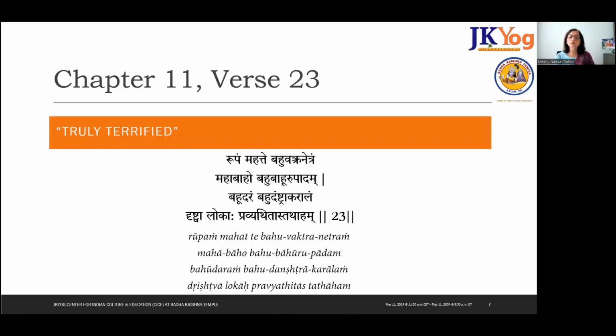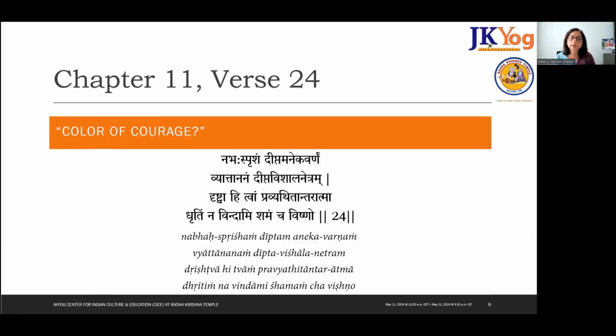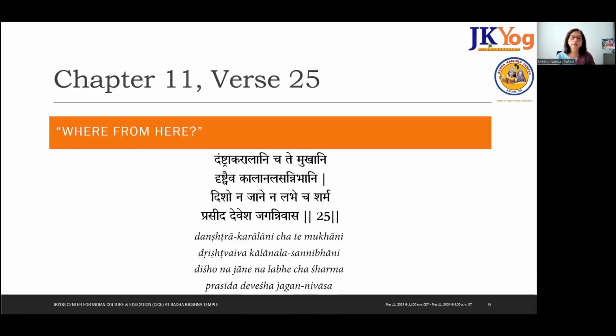Rupam mahatte bahuvaktra netram mahabaho bahubahurupadam bahudaram bahudanstrakaralam drishtva lokaf pravayatitastathaham. Nabhasprisham deeptam anekavarnam vyatatananam deepta vishalanetram drishtva hitvam pravayatitantaratma dhritim na vindami shamam cha vishno. Danshtrakaralani cha te mukhani drishtvaiva kalanalasanibhani disho na jane na labhe cha sharma prasida devesha jagannivasa.